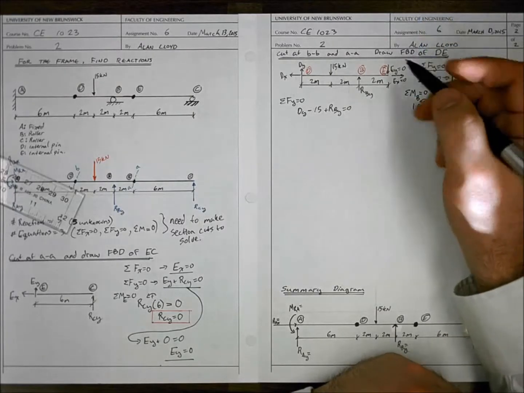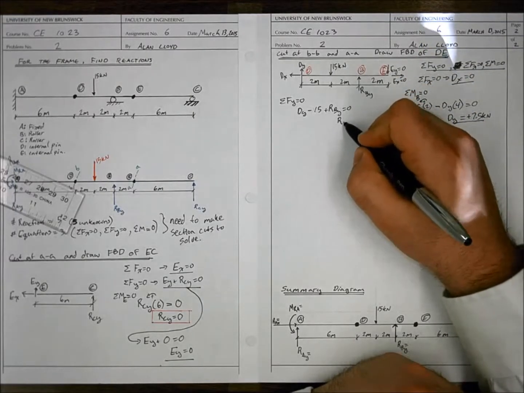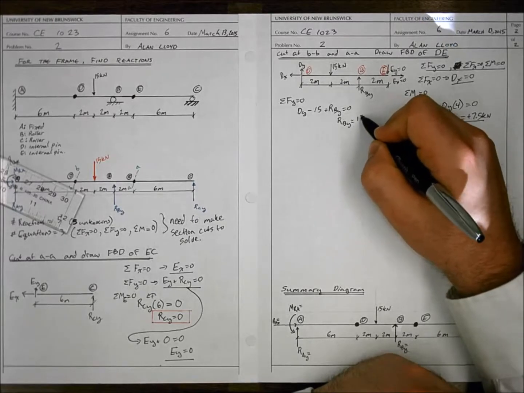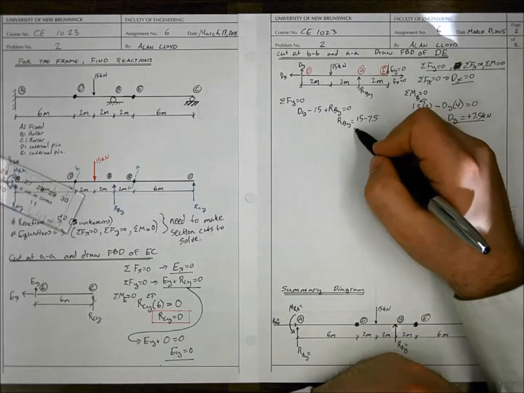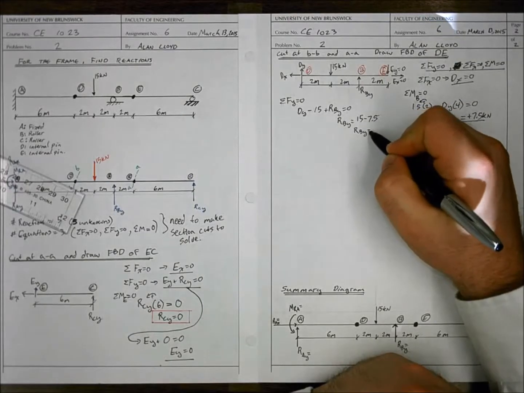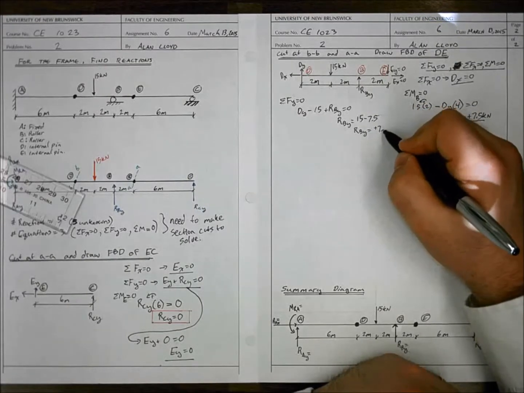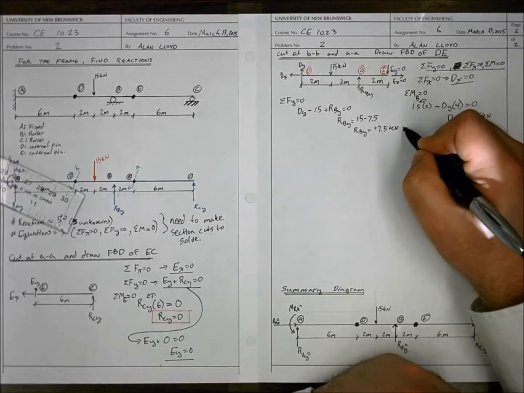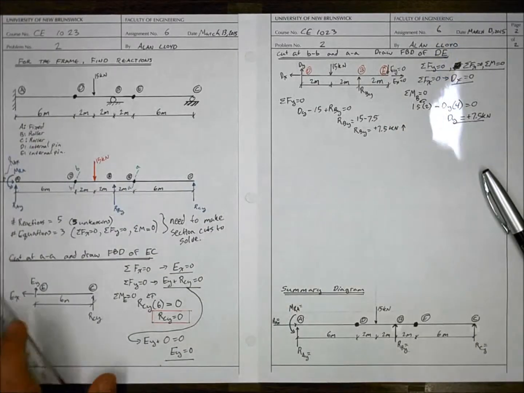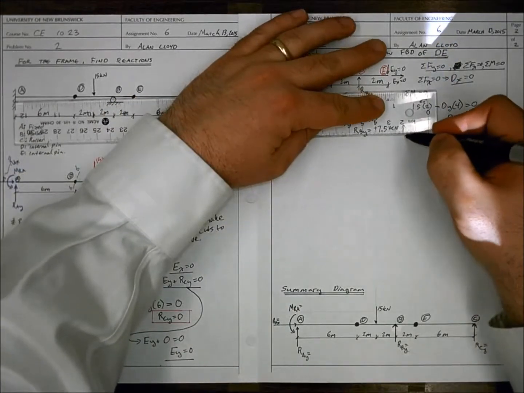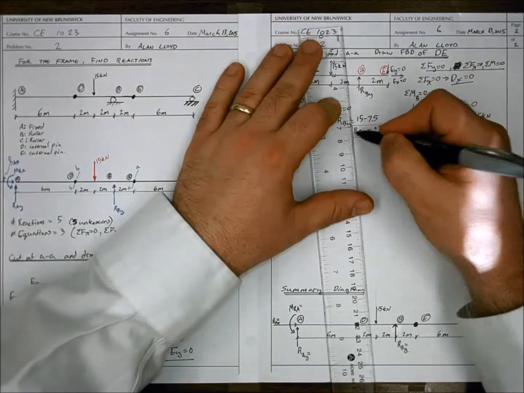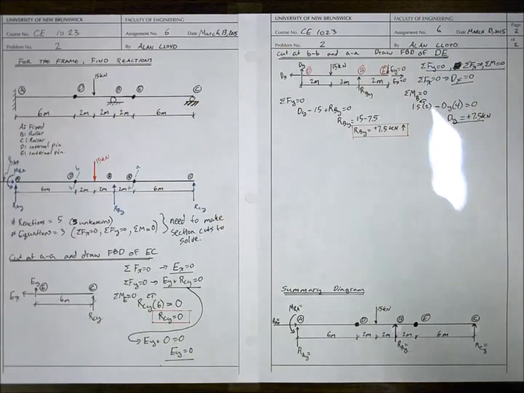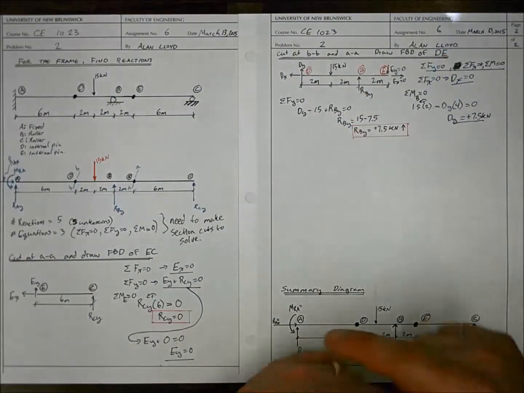Since we solved for DY, we can rearrange and solve for RBY equal to 15 minus 7.5. This gives us RBY equal to plus 7.5 kilonewtons up. That's one of our support reactions, so we can put a box around it, and we've solved for another one of our unknowns.